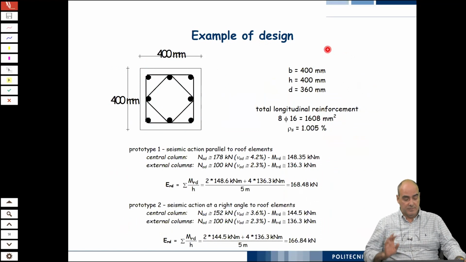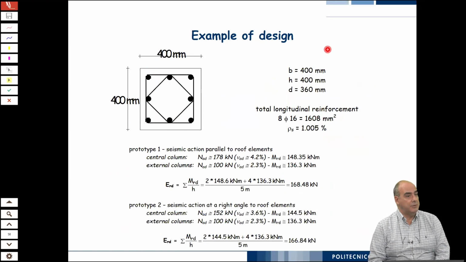So first of all, let's start with the design of the columns. We had these 400 by 400 square millimeter columns. And since we had to design for seismic regions, the provision is that you add 1% longitudinal reinforcement area ratio.